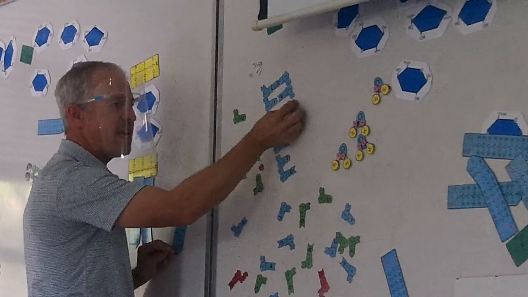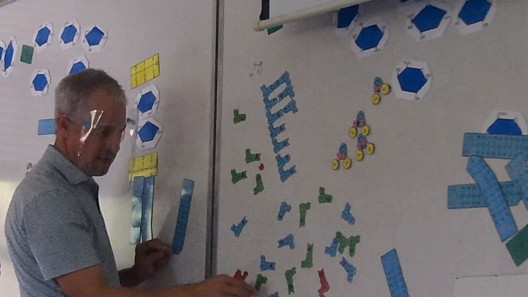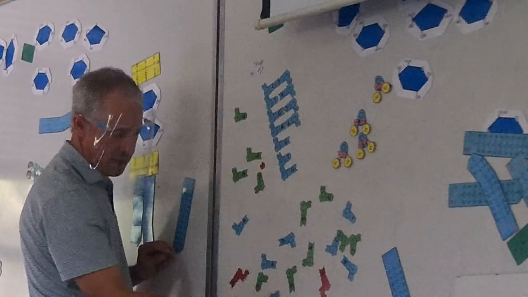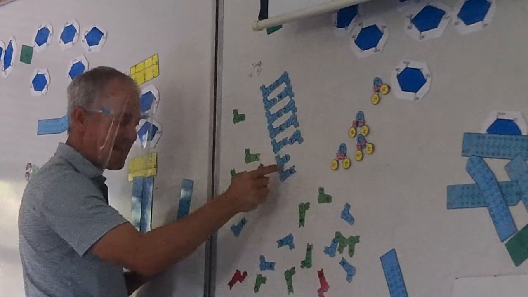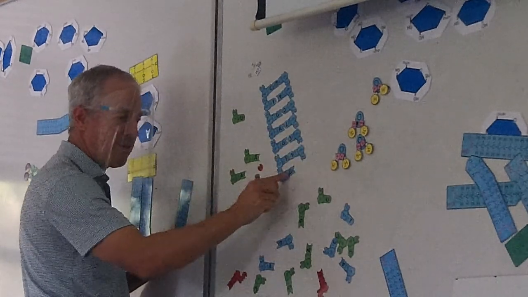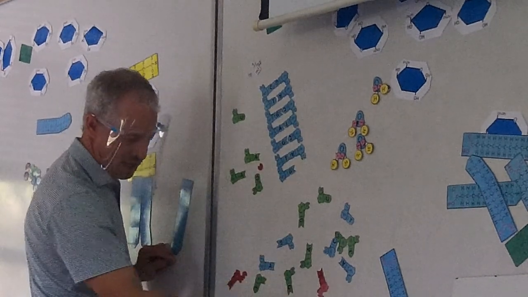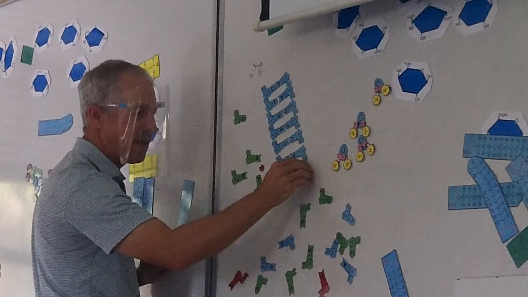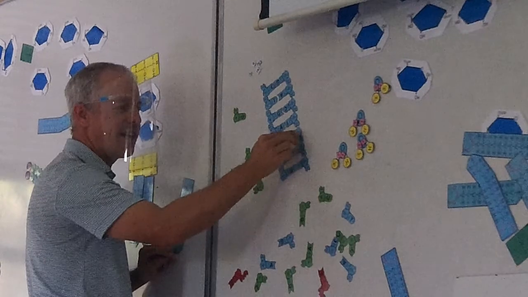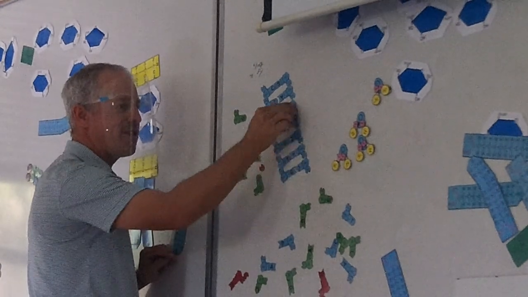G bonds with C. Guess what bonds with this A? T. Guess what bonds with this G? C. Guess what bonds with that T? A. Oh, y'all are good. And finally, what bonds with this G? C.